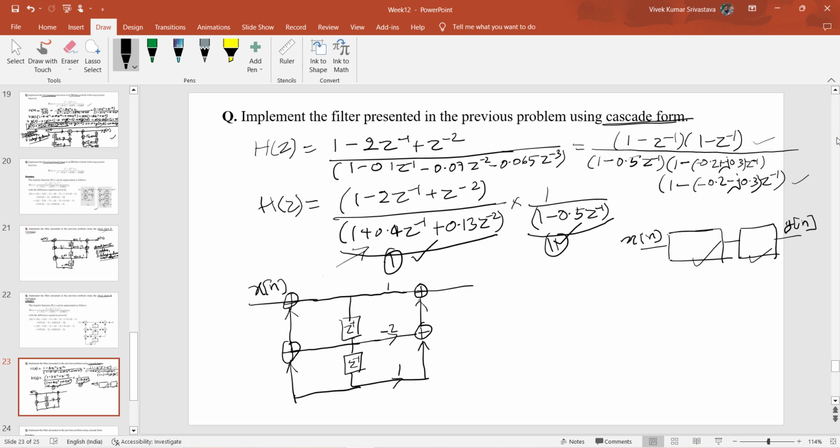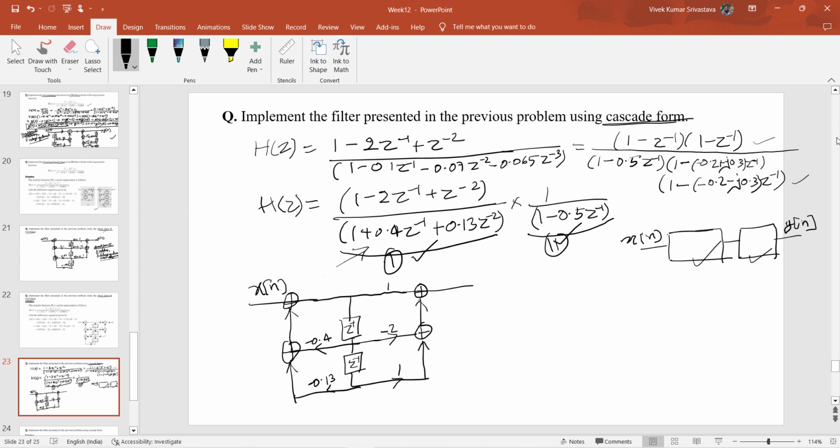This factor also we have to write: here this will be 0.4, this will be 0.13, sorry, this will be minus basically. So this corresponds to the first transfer function.